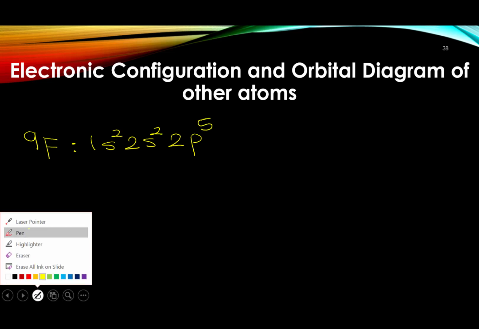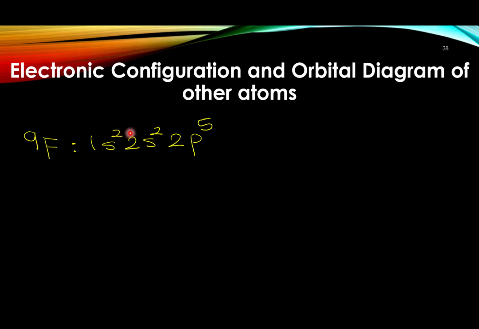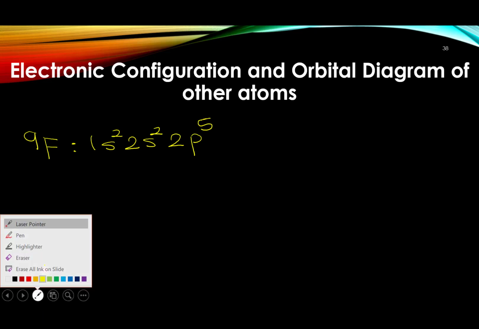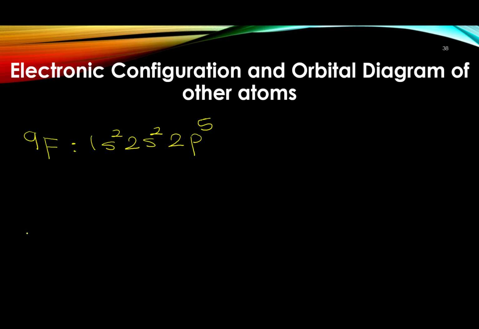Now 2 plus 2 is 4, plus 5 is 9. Okay, fluorine has 9 electrons. This is done. This will be the electronic configuration for the fluorine atom.